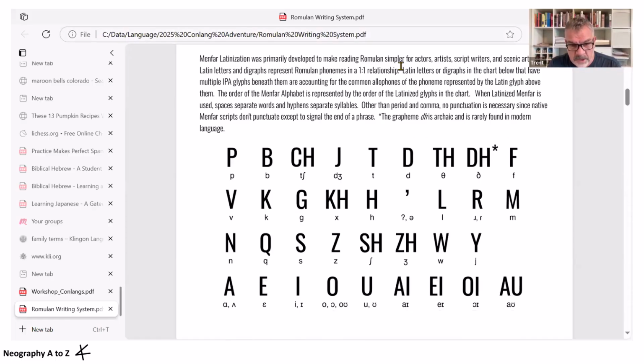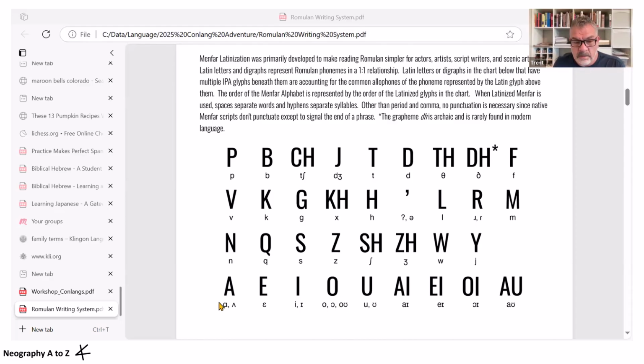So you'll notice that in this chart, some of the glyphs that are large, that are the Latinized glyphs, have more than one phone below them. And that's because I'm trying to just sort of give a shorthand way of showing some allophonic variation.